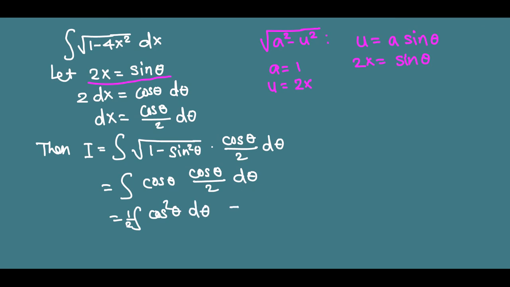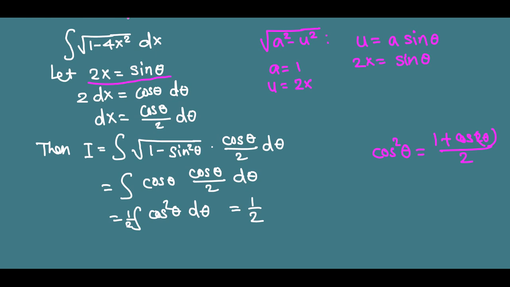And we've seen earlier, whenever we have cosine squared or sine squared, we need to use the half angle formula. By the way, when we are integrating cosine squared, here is the formula: 1 plus cosine 2 theta over 2. If this were sine squared, then we would have 1 minus cosine 2 theta over 2.